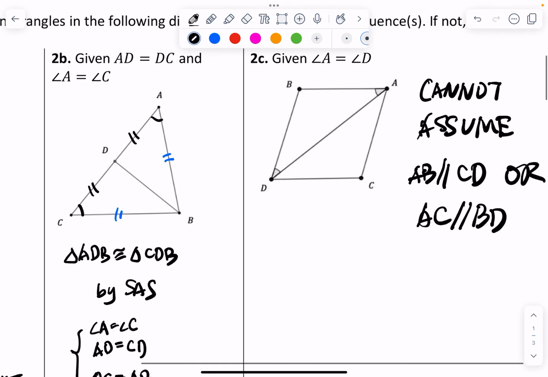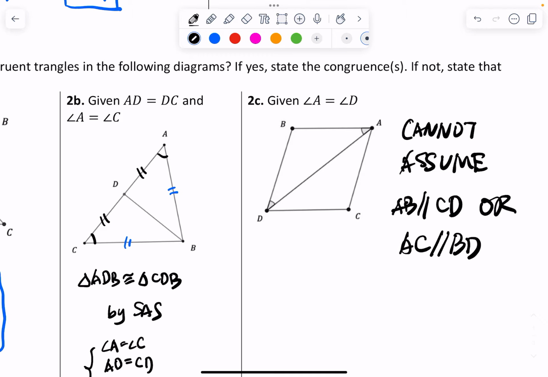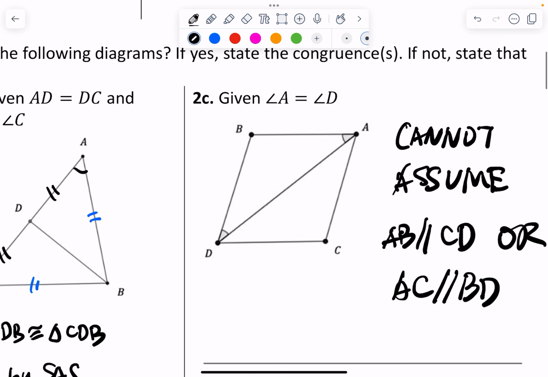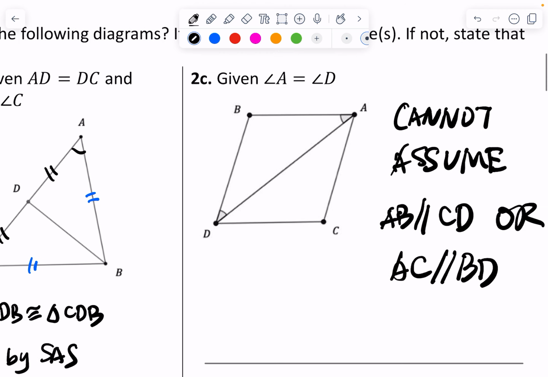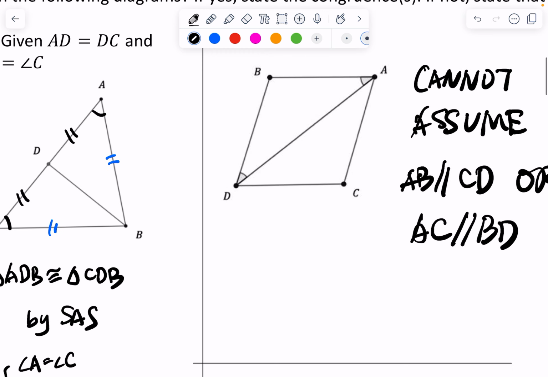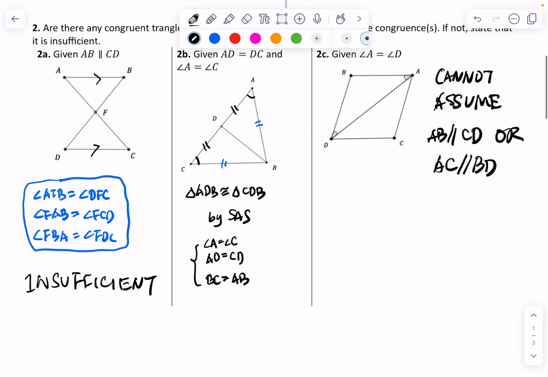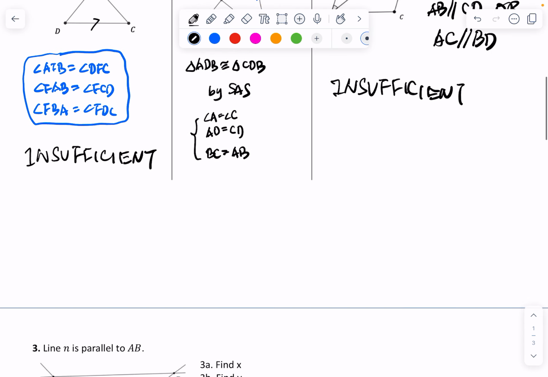So if we only know that angle BAD is the same as BDA, right? If we only know that, it is not enough to prove any congruences. So insufficient. Yep, okay.